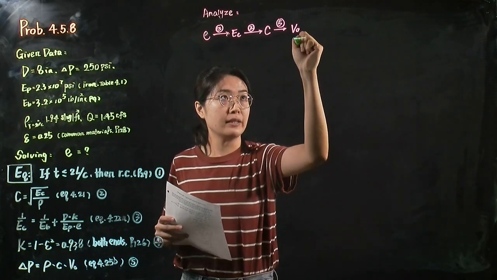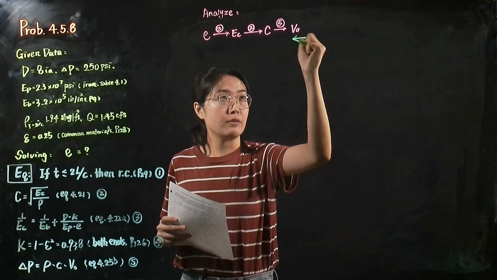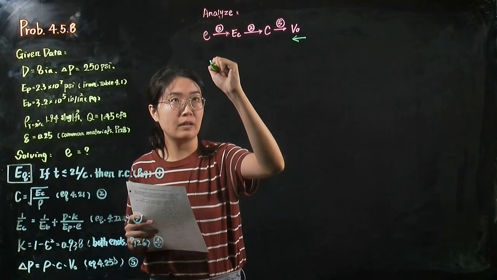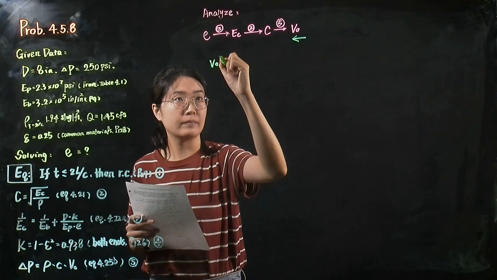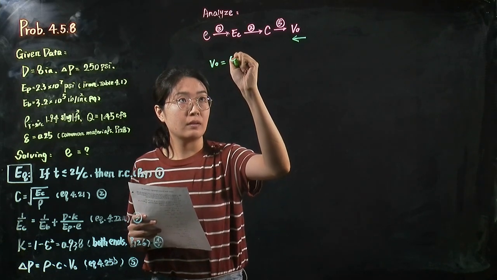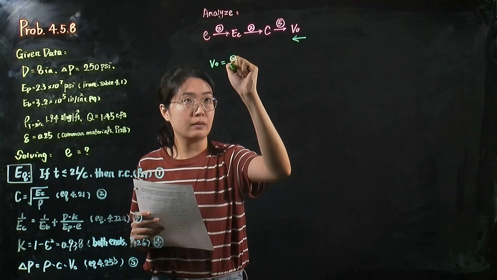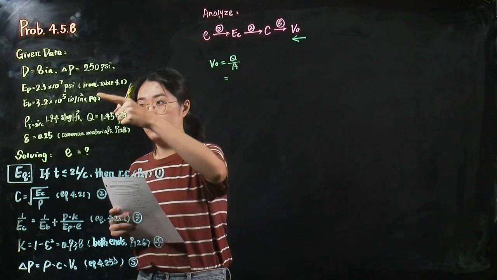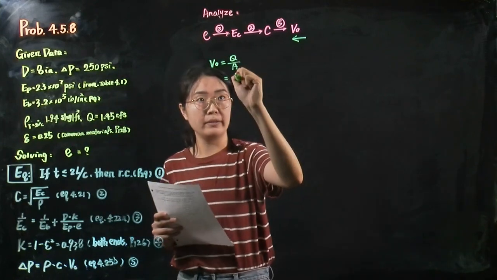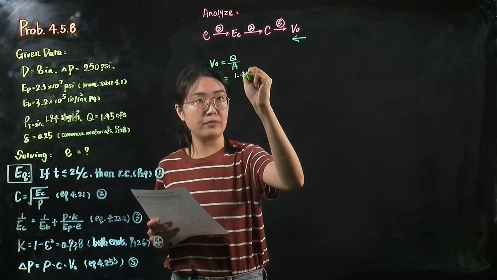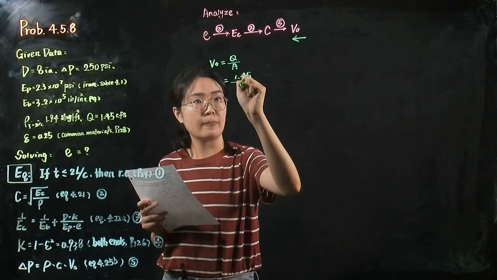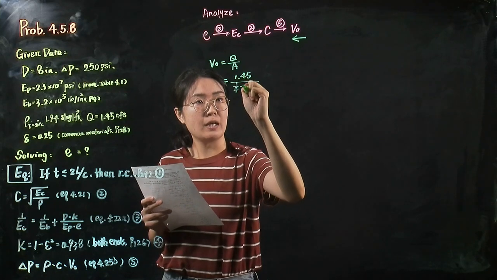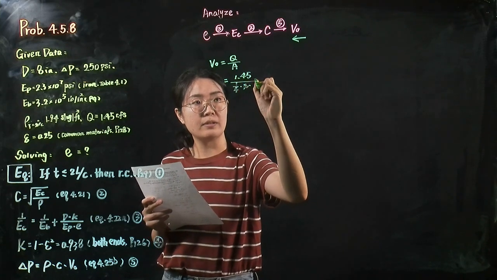So we need to calculate each parameter in reverse order. The first step is to calculate the velocity. The flow rate is 1.45 cubic feet per second. The area is 1/4 times pi times d squared.